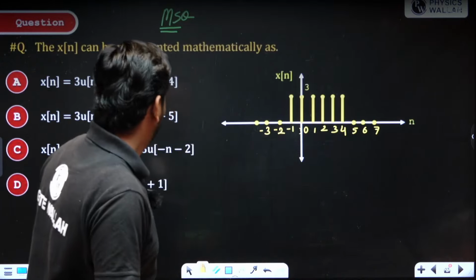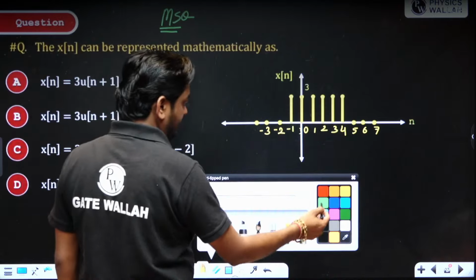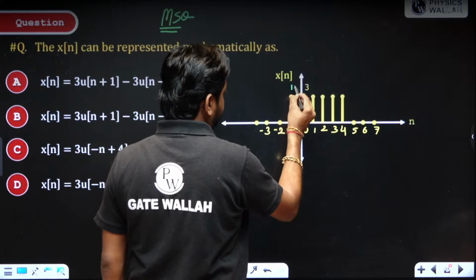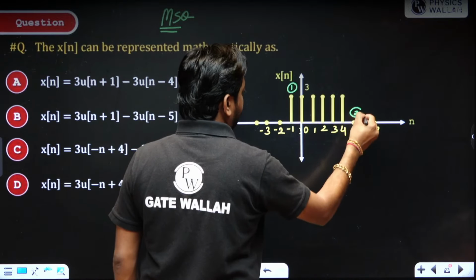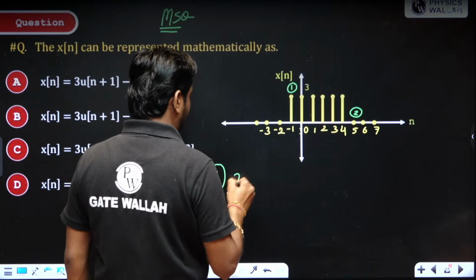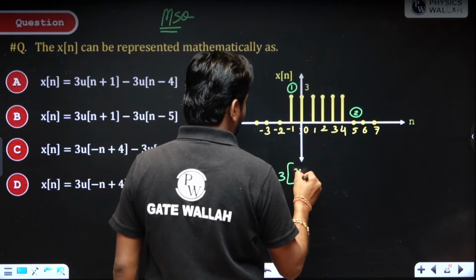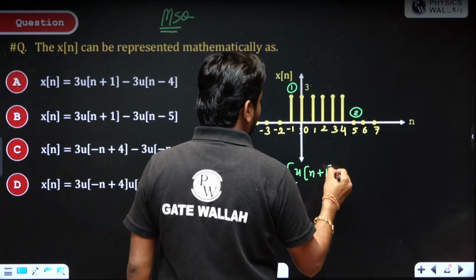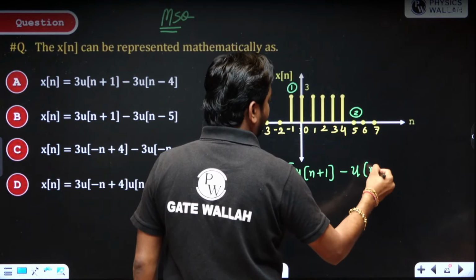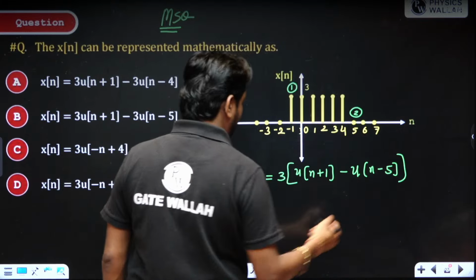You can represent it in right sided form, both right sided, first this one, then second this one. So first option, x of n is equal to 3 bracket u of n plus 1 minus u of n minus 5, for both right sided.